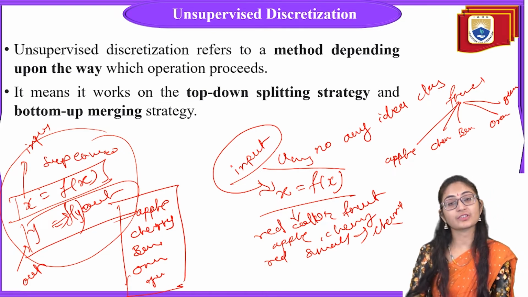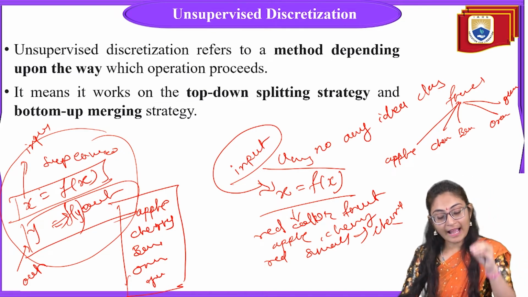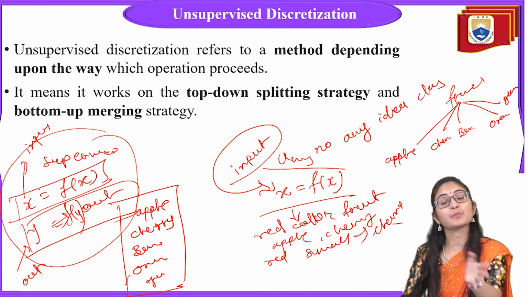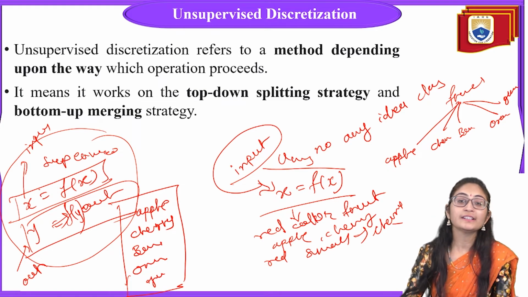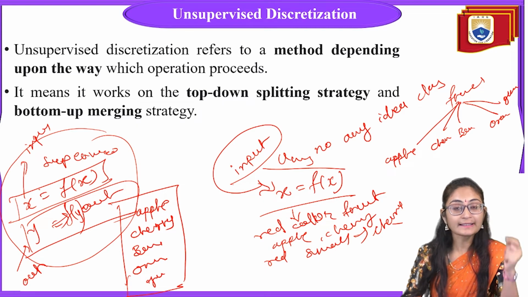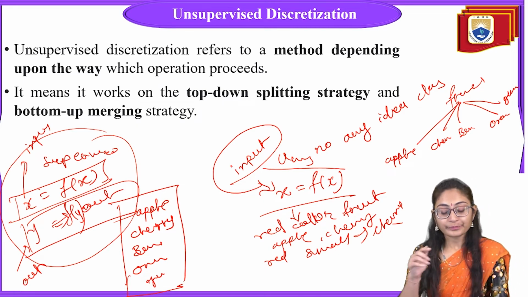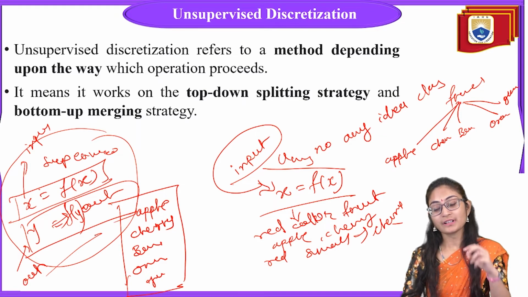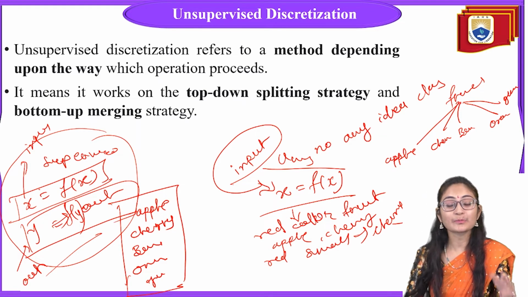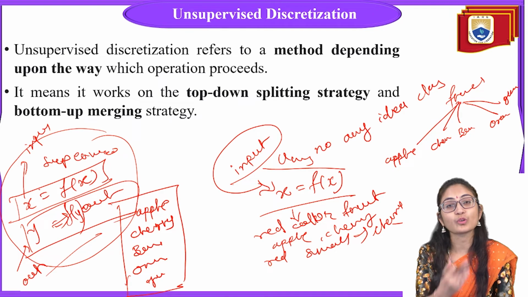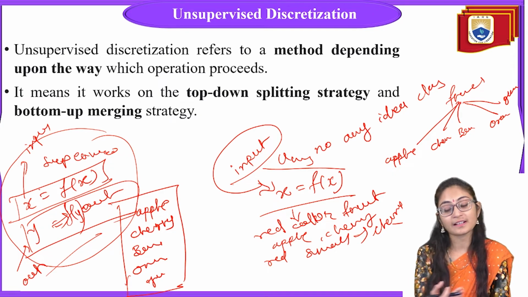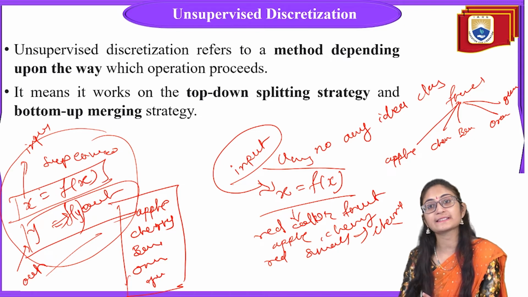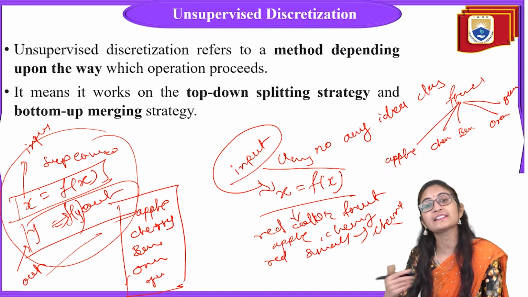Supervised discretization has some information about the classes, and it already knows about the classes and output, and it can give the information after training. That means we have to train the model in supervised discretization. In unsupervised discretization, there is no need to train the model.